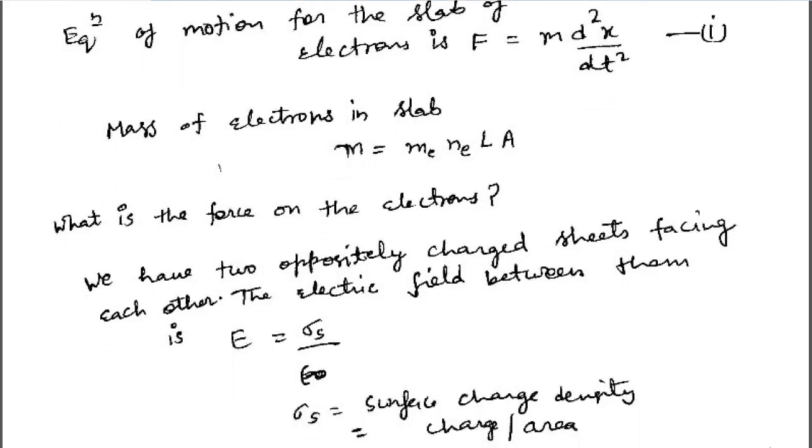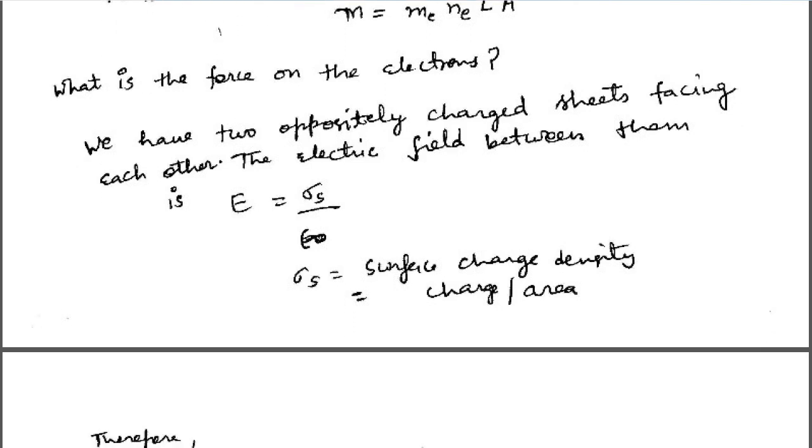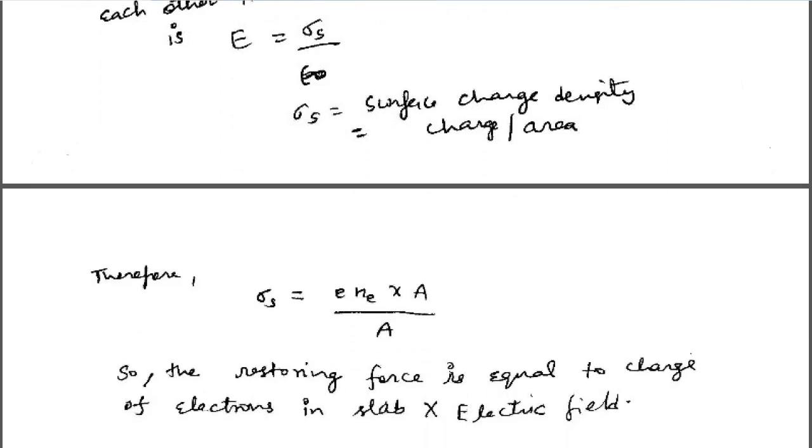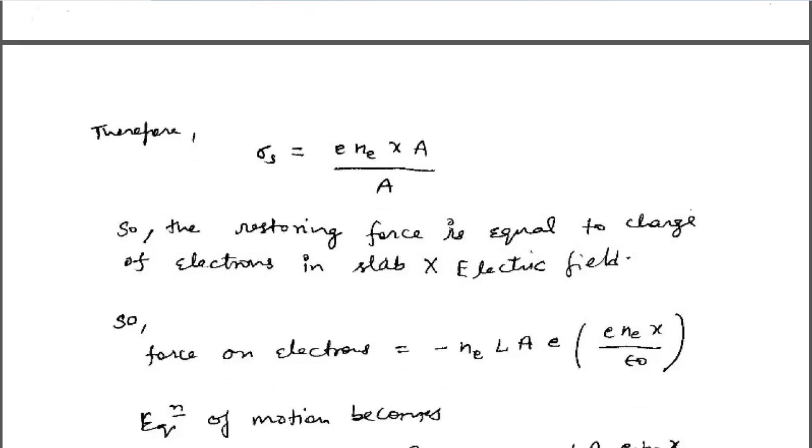So we have two oppositely charged sheets, positive on one side and negative on the other side. The electric field is in between them. The electric field is sigma s divided by epsilon 0, where, as you saw in my previous lecture, sigma s is the surface charge density, the charge per area. So the surface charge is e n e x A divided by the area A, so A cancels out. The restoring force equals the charge of the electrons in the slab multiplied by the electric field.